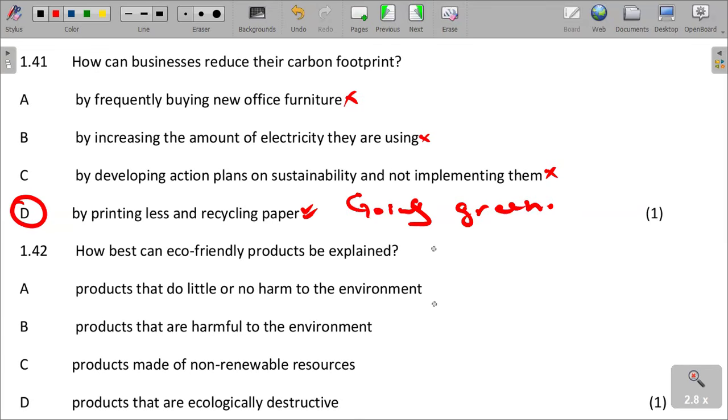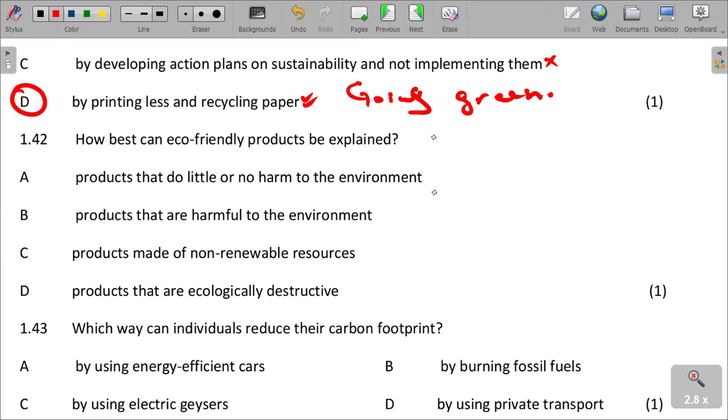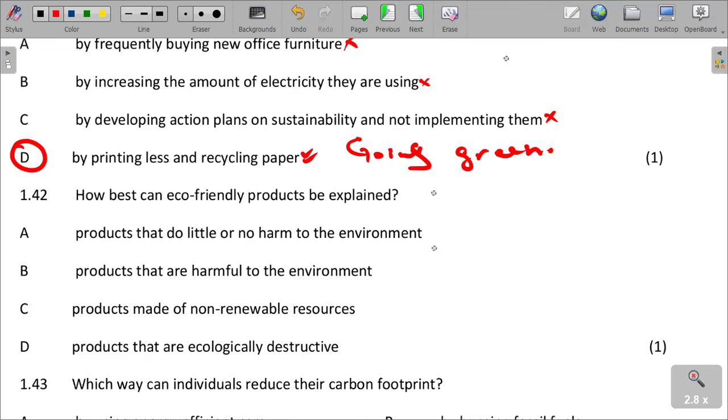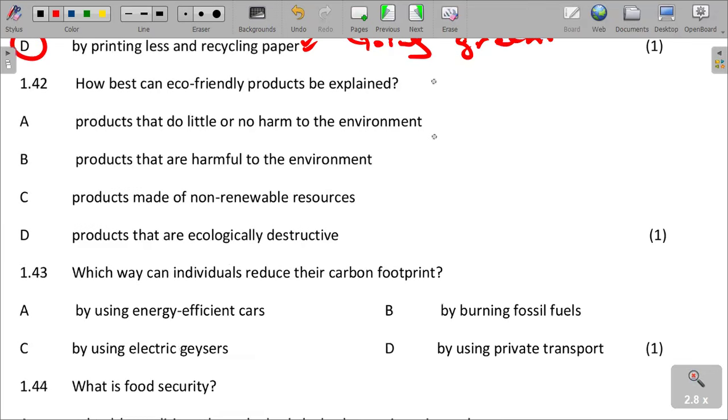So if you are talking about ways to reduce carbon footprint, we have to print less and recycle paper. So our answer is what? Is D.